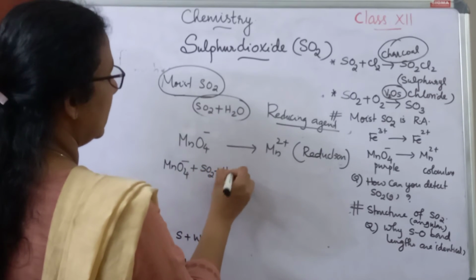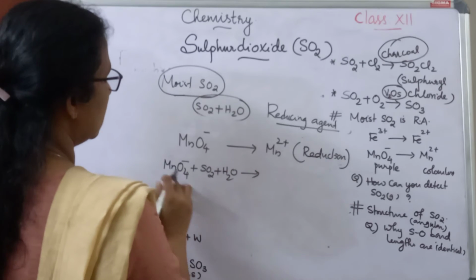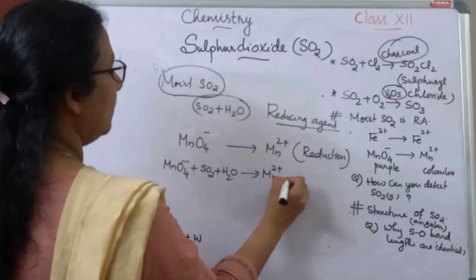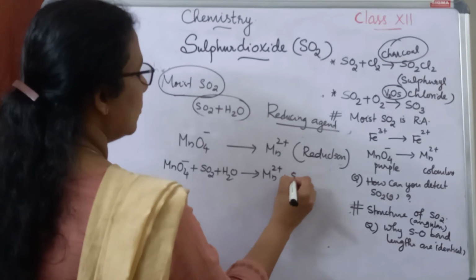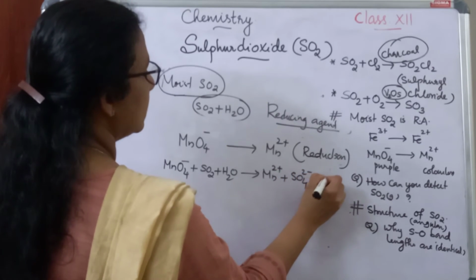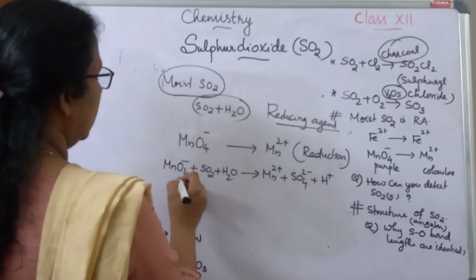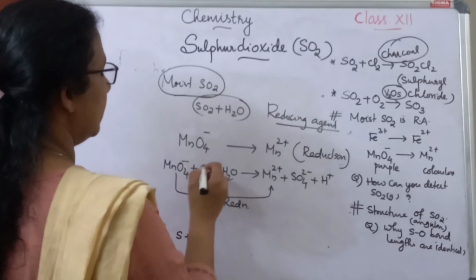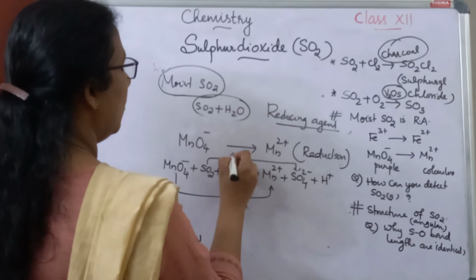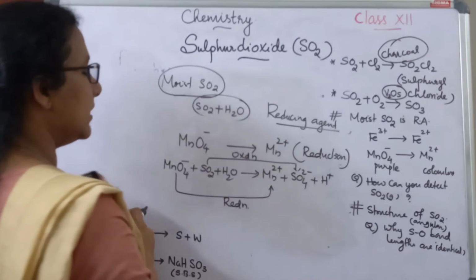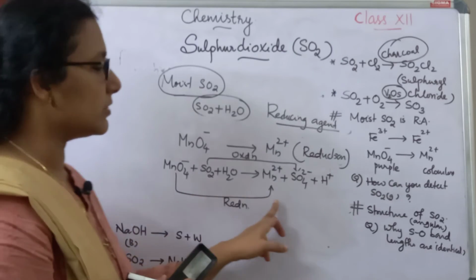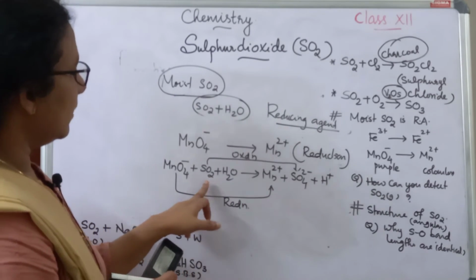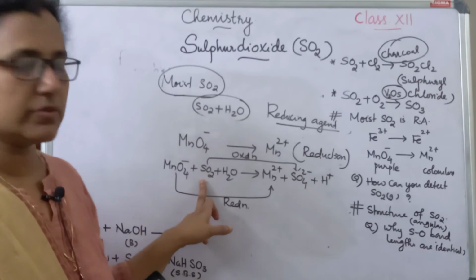This is the reducing agent, and reduction takes place here and Mn2+ is formed, and again SO4 2- and H+. Here this is the reduction part, and here it is oxidation. Oxidation and reduction take place in the same reaction, so it's also a redox reaction. You have to balance this by considering it as a redox reaction.